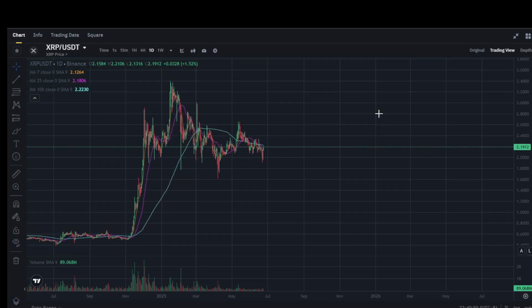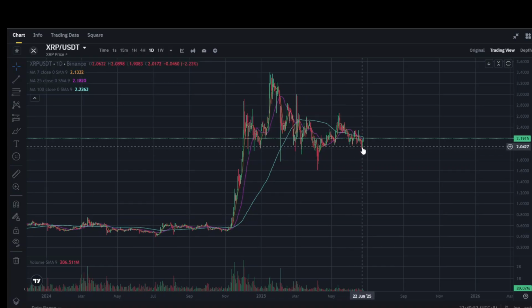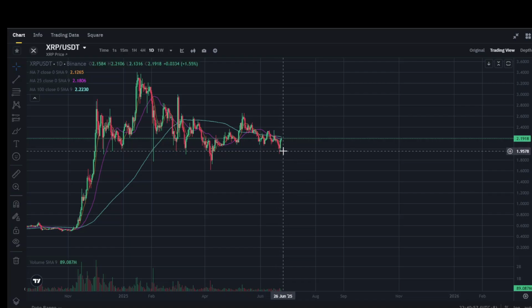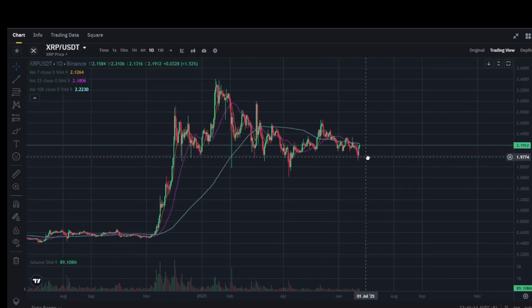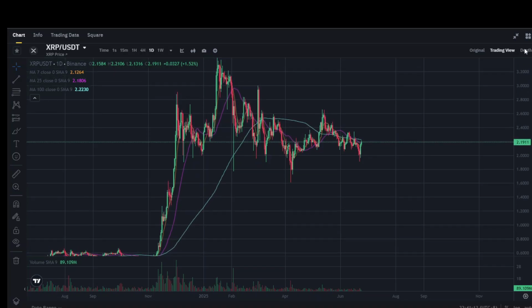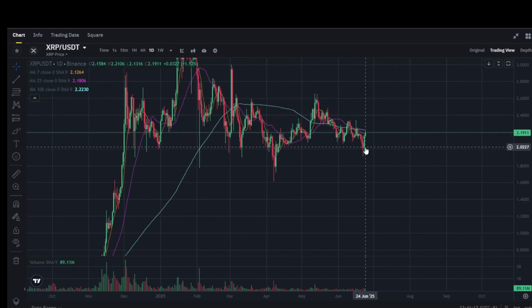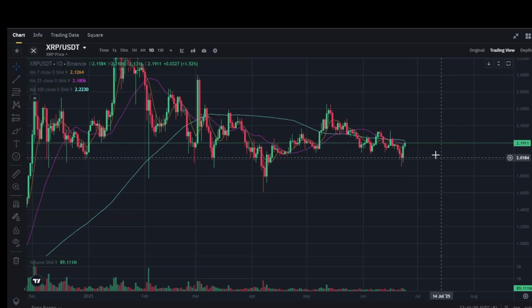Over the weekend, while I was still in the mountains of Borneo, I kind of missed out on the drop here, but as soon as I got back to civilization and had access to internet, I quickly bought some XRP yesterday at around $2 and 1.95, and it seems that that is a good move because right now XRP is already trading at 2.19, and there is an immediate 10% gain since the last buy order at around $2.